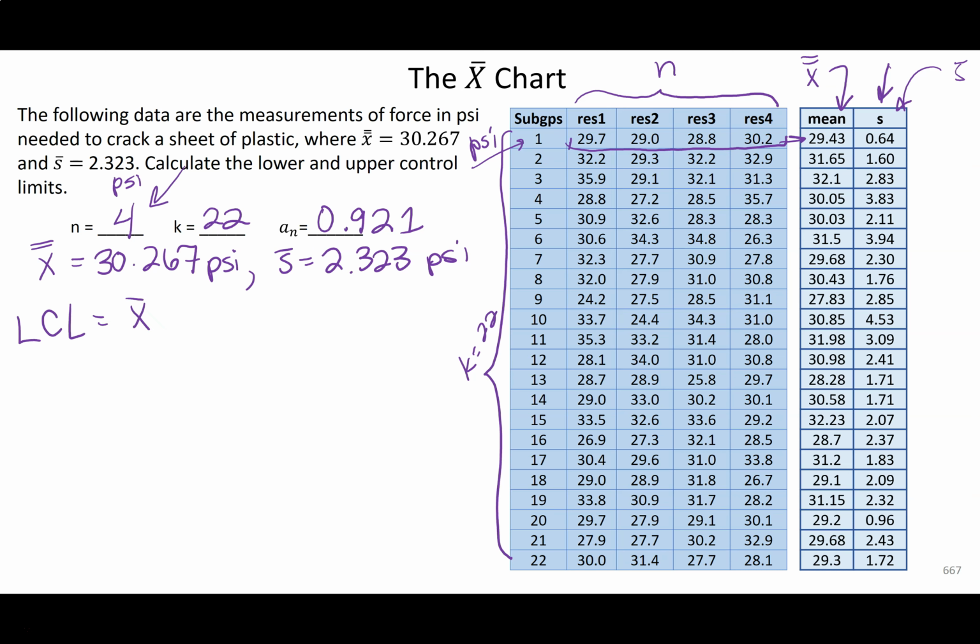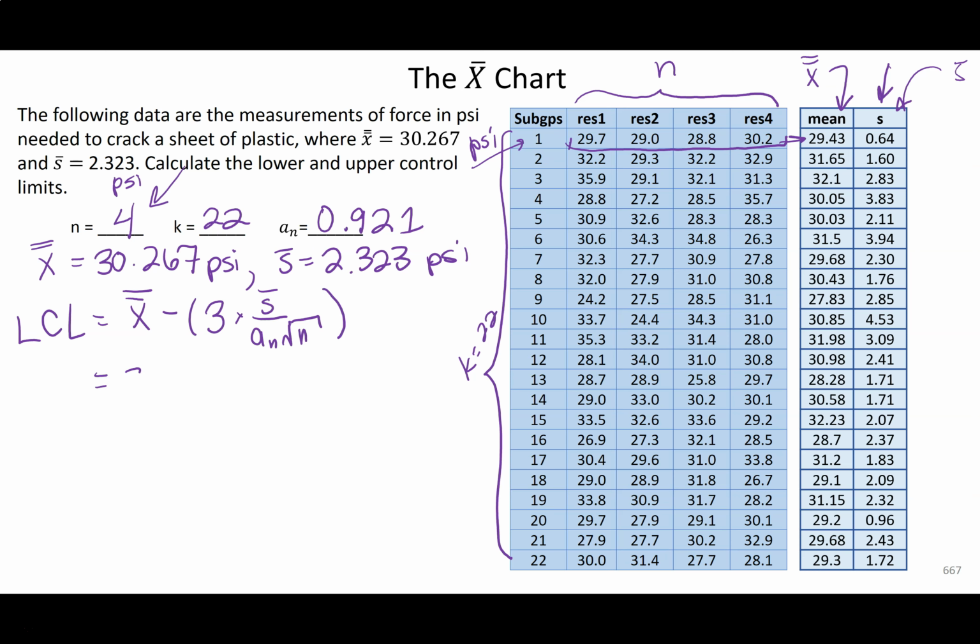That's just going to be X bar bar minus 3 times S bar over A sub N times root N, which is really convenient. N is 4.